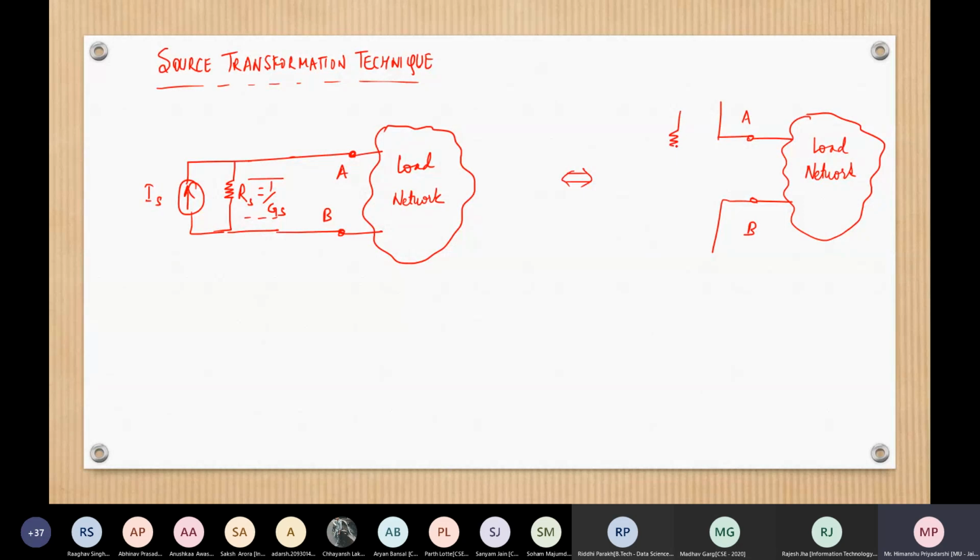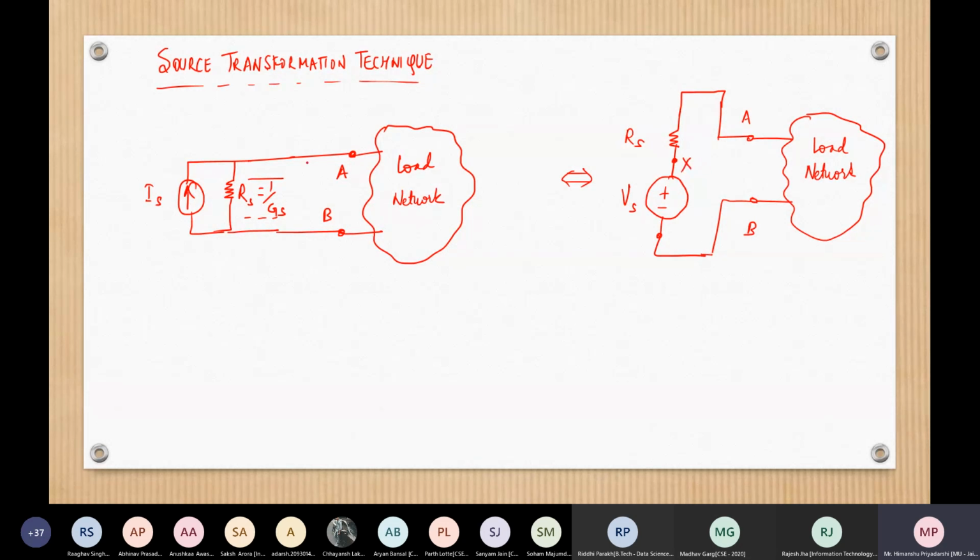What I can do, I can simply represent it like this. But you can see by introducing this, you have got an extra node here.